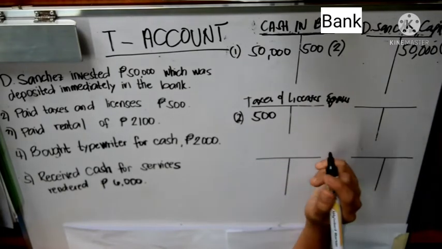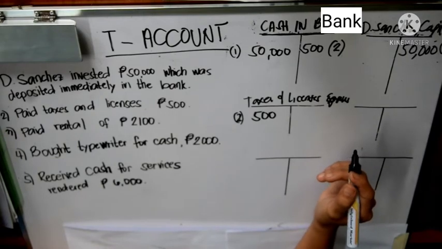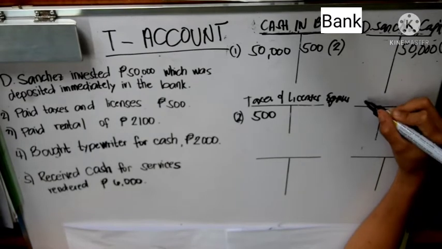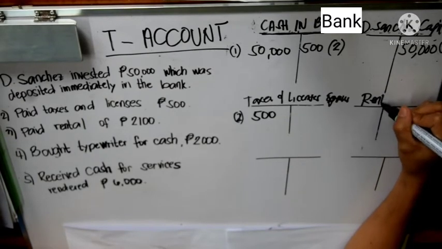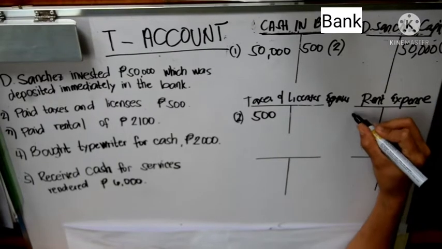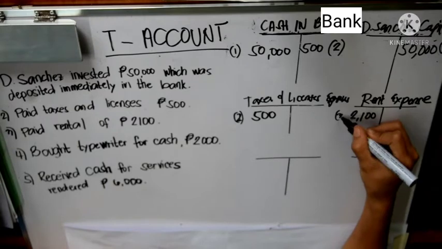So, yan yung ating rental expense dapat nating bayaran. So, dahil binayaran natin, gagawa tayo ng rent expense account. So, we debit rent expense for 2,100. So, this is from number 3.